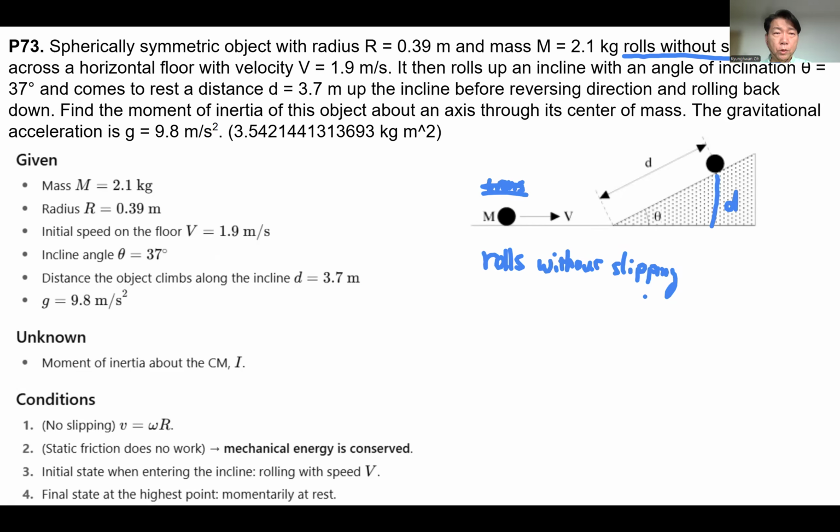So what we have to consider in this problem is especially rolling without slipping. Then V is the center of mass translational speed.